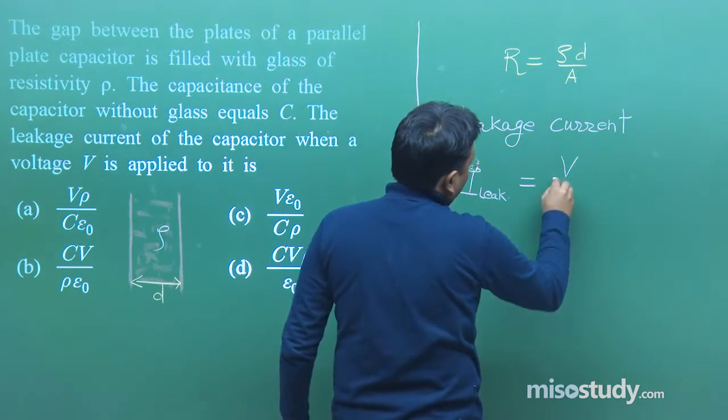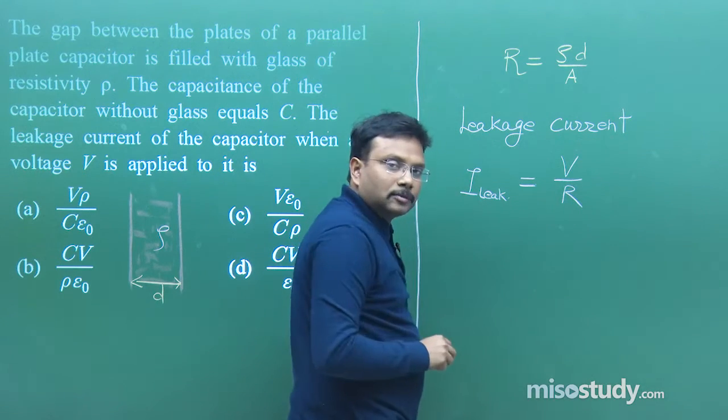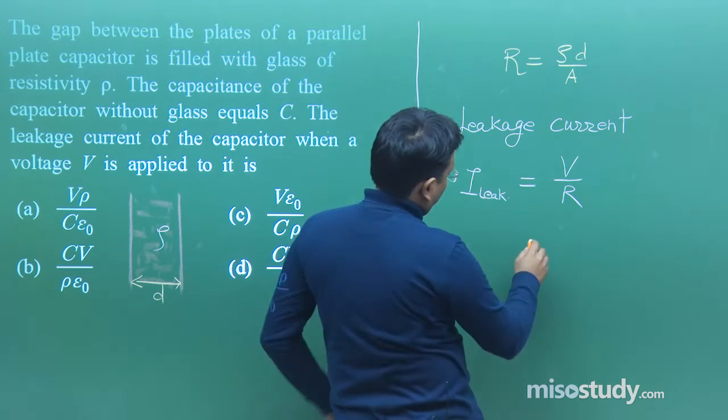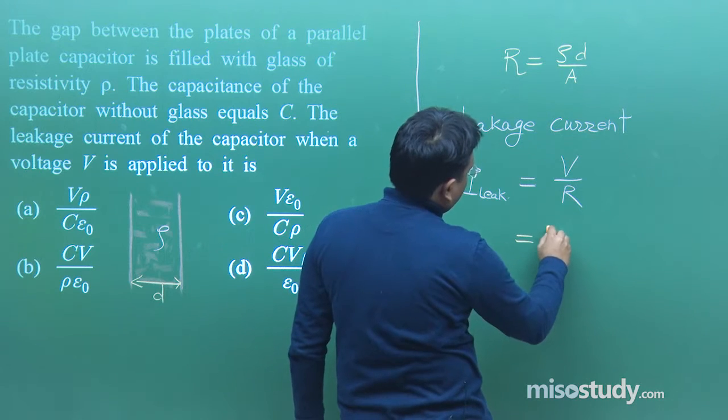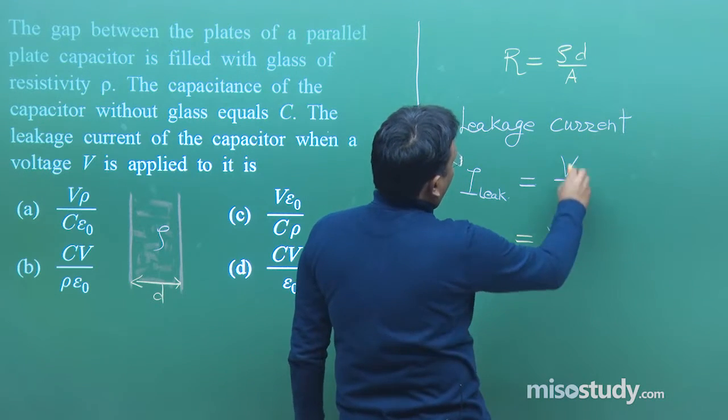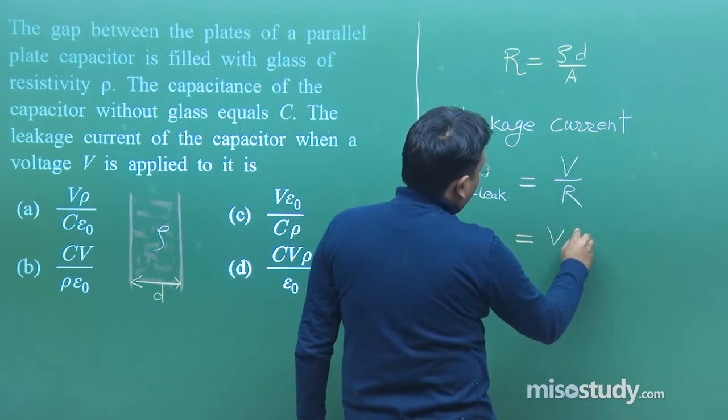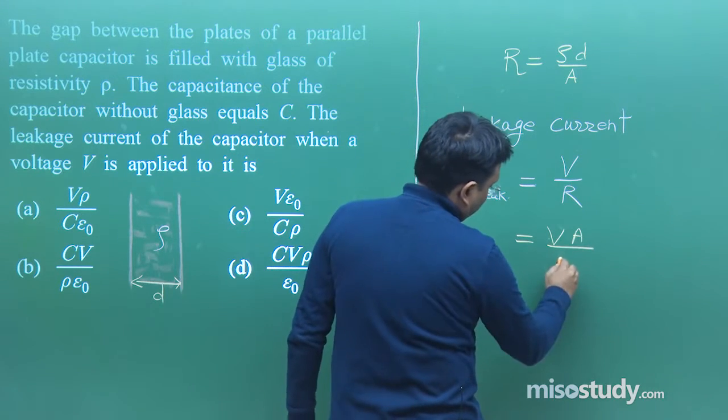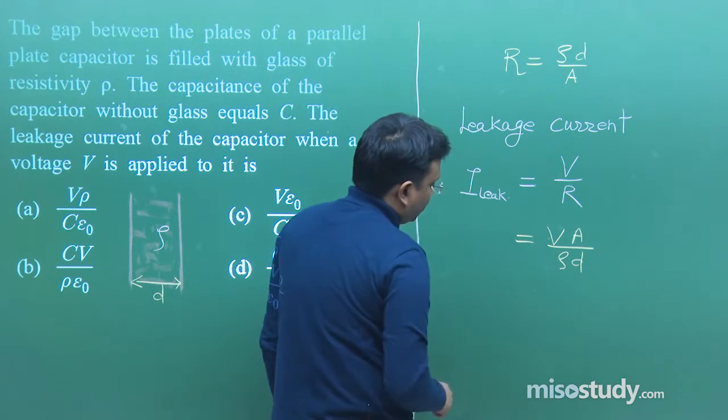So, V by R. Now, what is the value of R? Such a simple question. So, it is going to be A upon rho into D, clear.